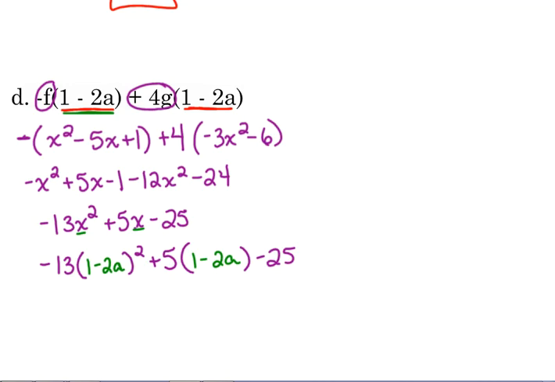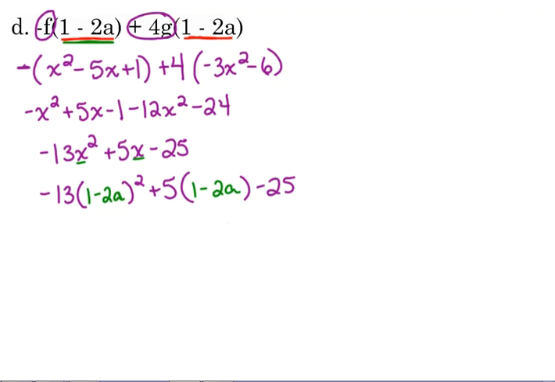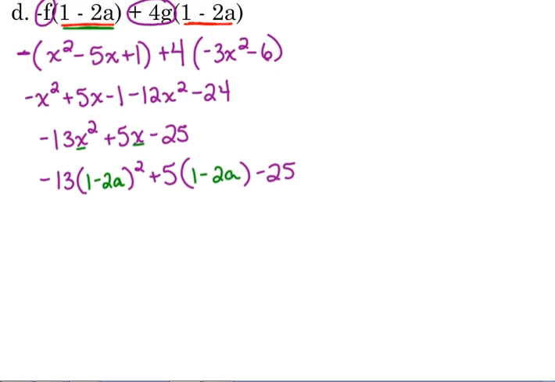Now, 1 minus 2a squared. What do we have to remember to handle that? Do we just square the 1 and square the 2a? Nope. We'll handle the negative in front in just a second. We want to hang on to that because exponents come before multiplication. So how do we square something like 1 minus 2a?